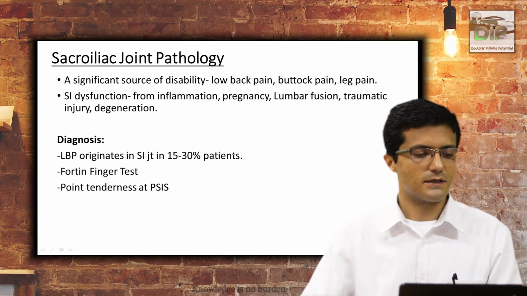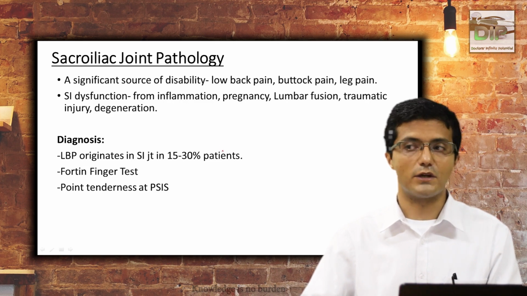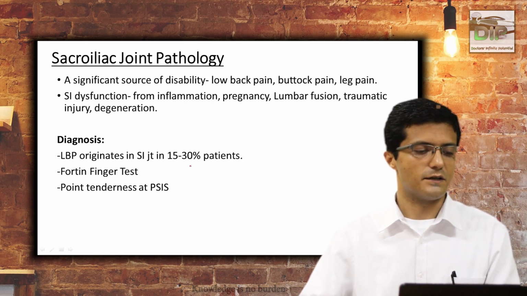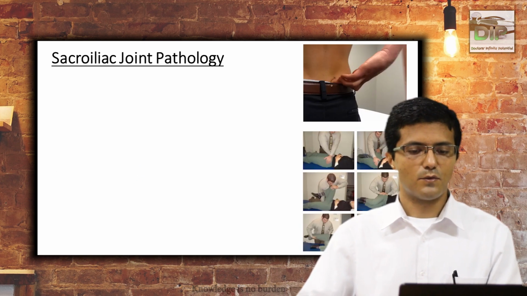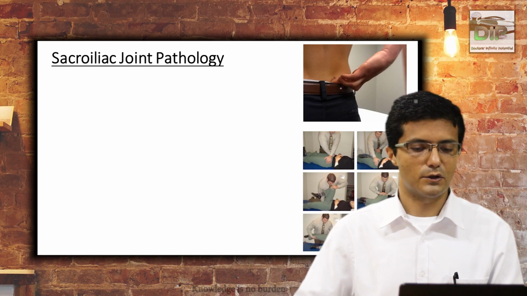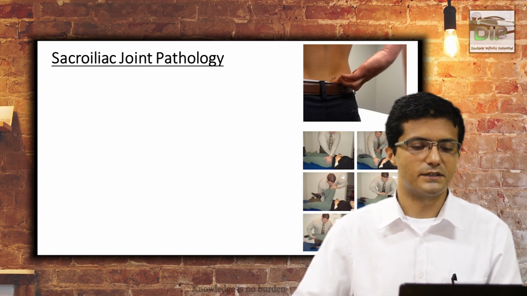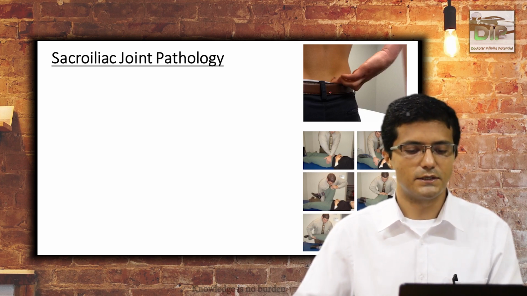The diagnosis, again, is based on thorough clinical evaluation. There is the one-finger test. The patient will point a finger to the posterior superior iliac spine, showing the region of pain. So this indicates the pain could be from the sacroiliac joint.